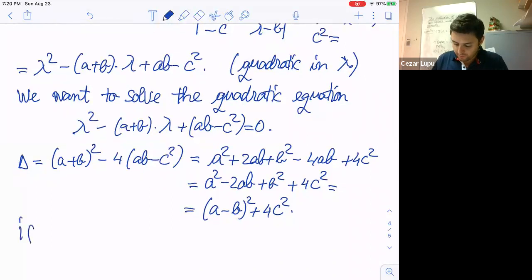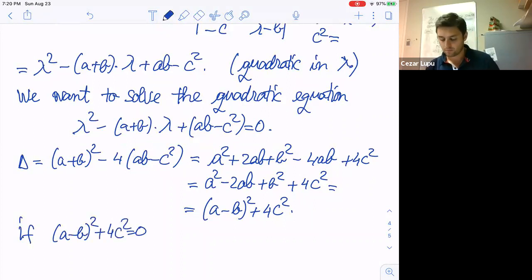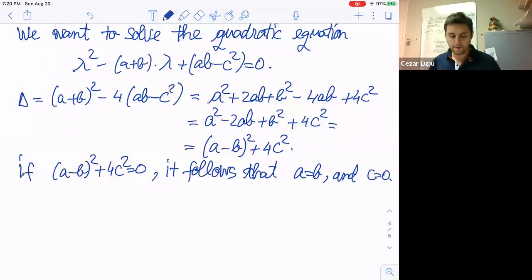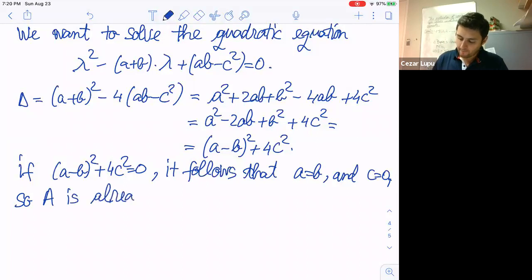Well, if a minus b squared plus 4c squared is 0, right? Well, it's clear that it follows that a equals b and c is 0. There's no other way. So A is already diagonal, right?